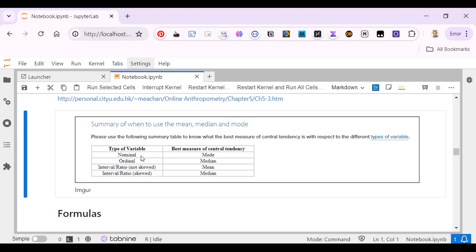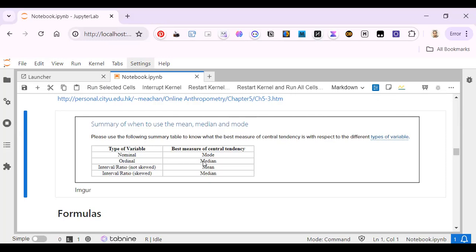But make sure to understand. Ordinal is there. Nominal you explained. Ordinal, you explain. Then what should I do? Best measure is what? Central tendency. Ordinal is there, then you have to look for the median. Why? Because you are making an order. So since ordinal is presented, I have to look for the median, which indicates the best measure and the best central tendency.